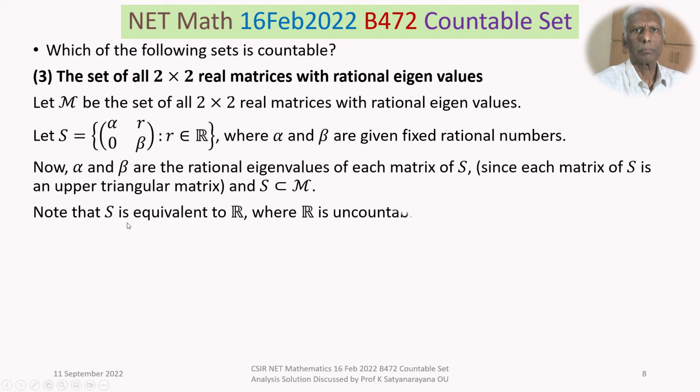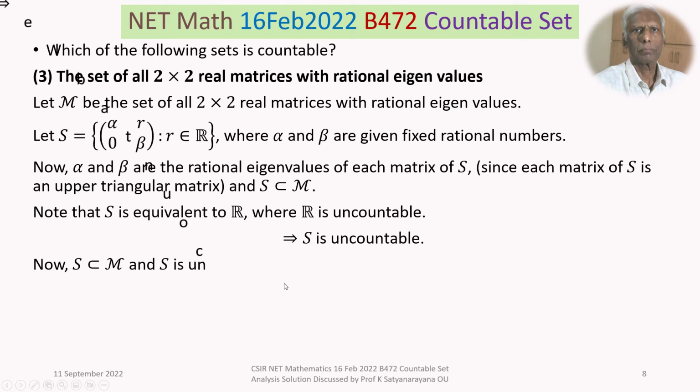Note that S is equivalent to R, where R is uncountable. So how many such matrices will be there? As many as there are in R, because alpha, beta are fixed and 0 is fixed, and r is varying. Therefore, S is equivalent to R, and where R is uncountable, therefore S is uncountable.